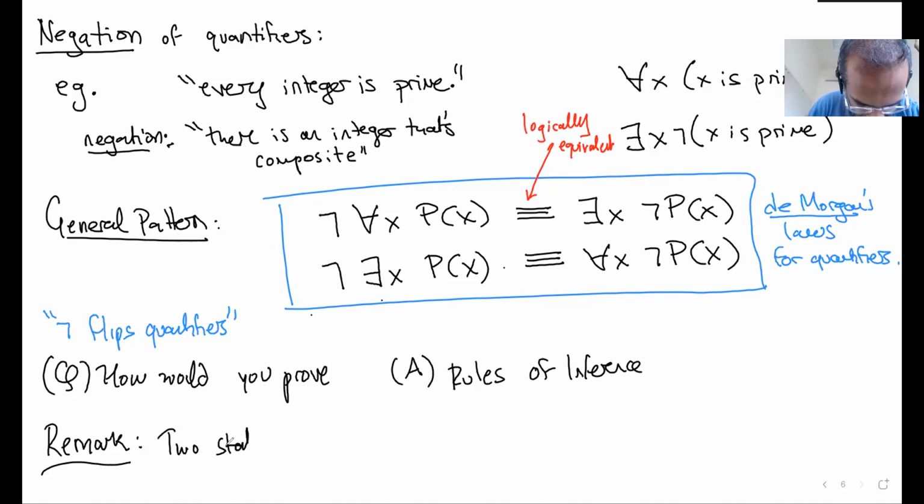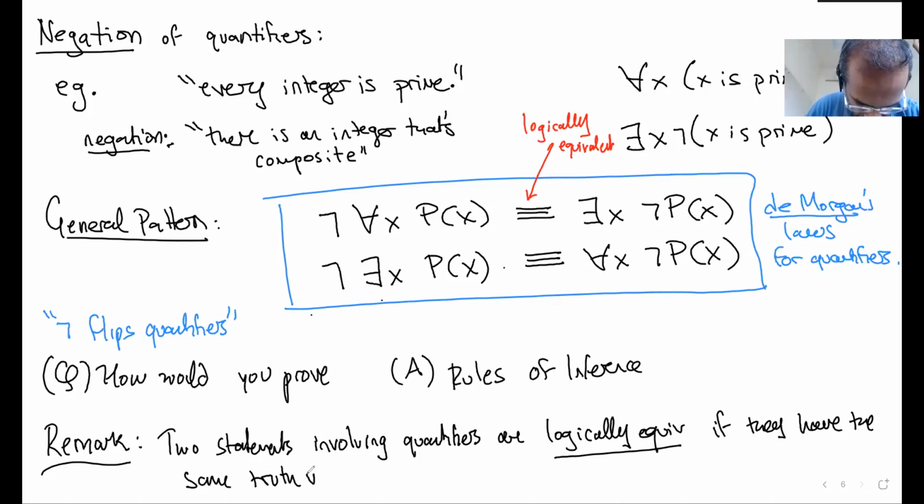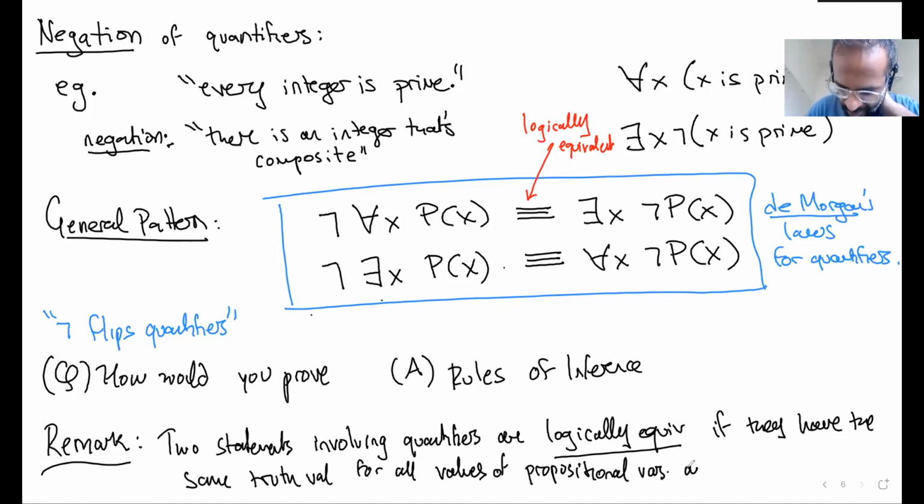So two statements involving quantifiers are logically equivalent if they have the same truth value for all values of the propositional functions of the propositional variables and all domains for which the quantifiers make sense.